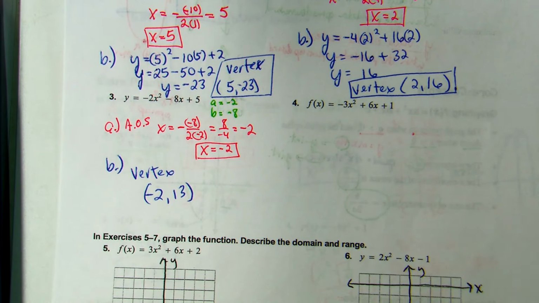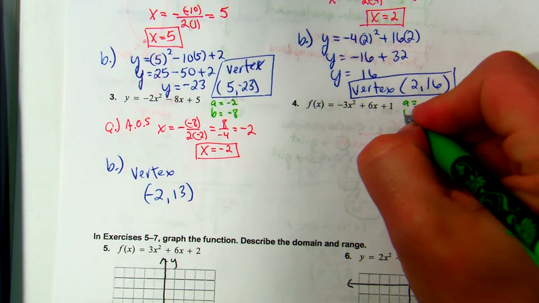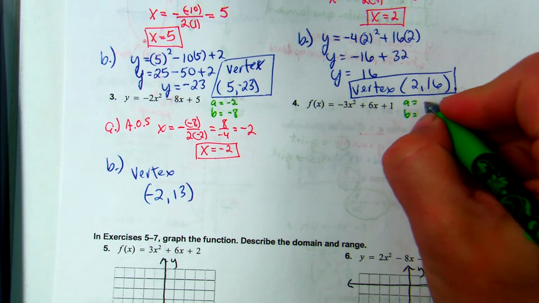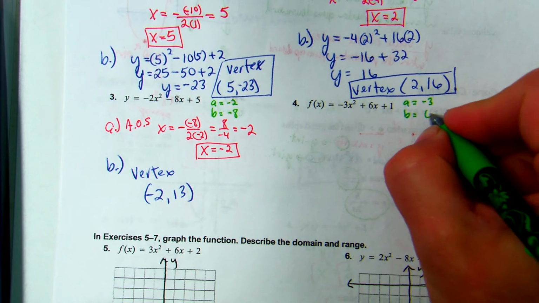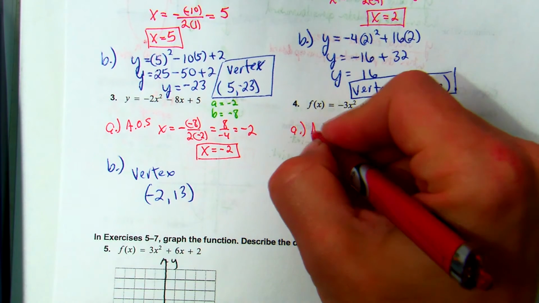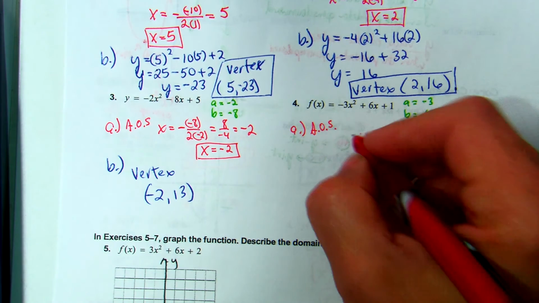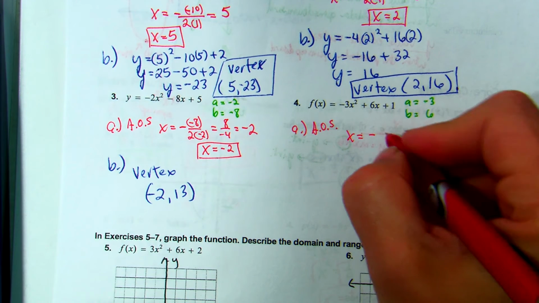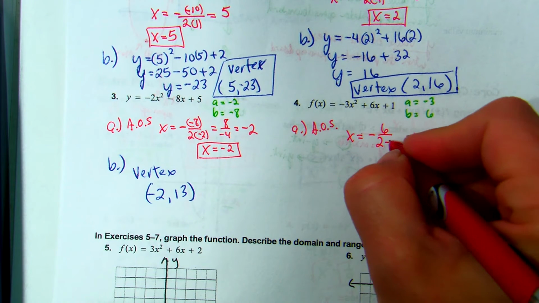Let's look at number 4. Number 4, A and B, we have a negative 3 and we have a positive 6. For the axis of symmetry, part A, we have x is going to equal negative 6 over 2 times a negative 3.